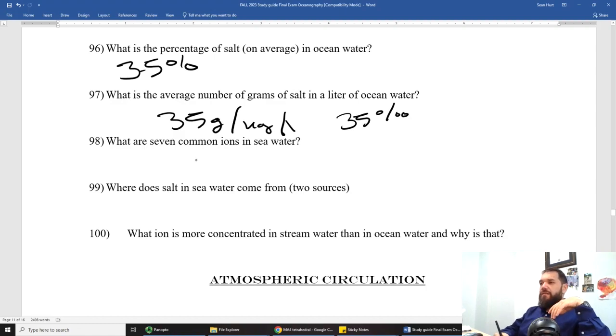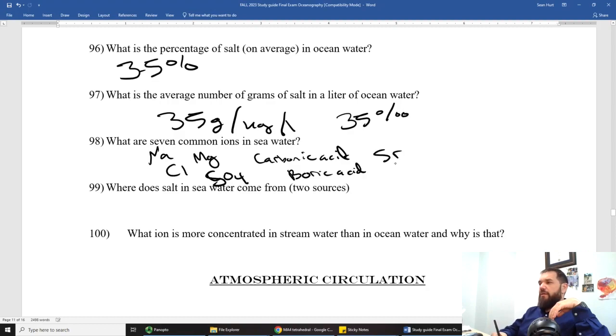Seven common ions in seawater. Make sure you know all of these. Of course, the big ones are sodium, chloride, magnesium, and sulfate. Those are the big 4. Make sure you know those. But there's also carbonic acid, and there's also boric acid.